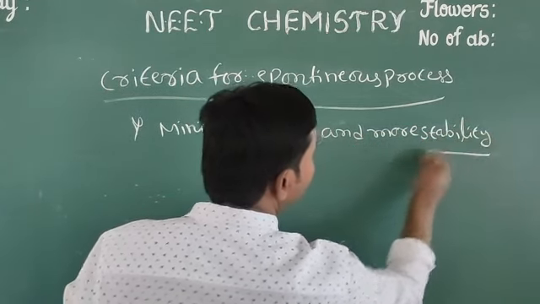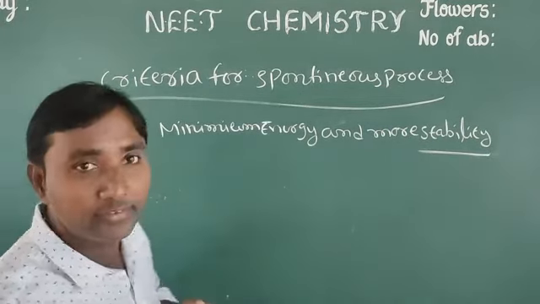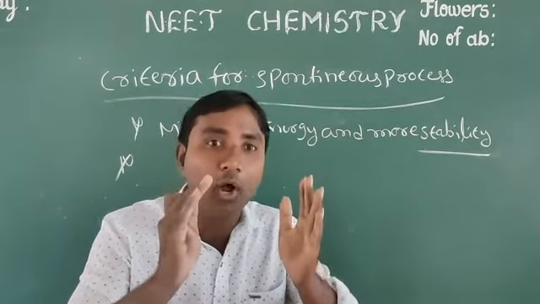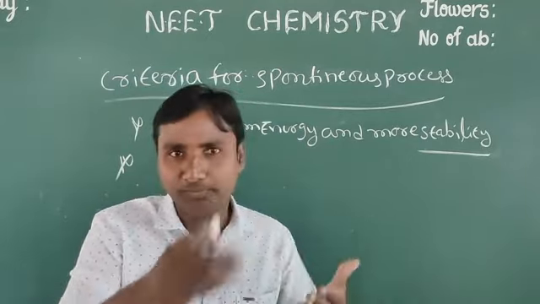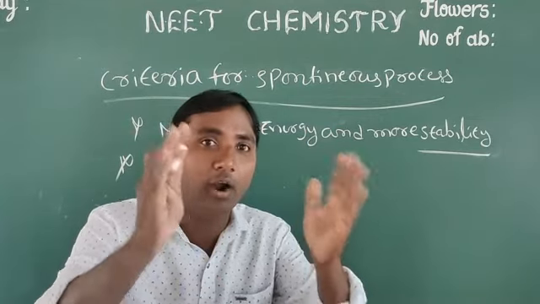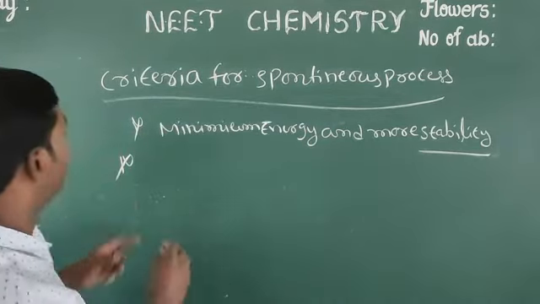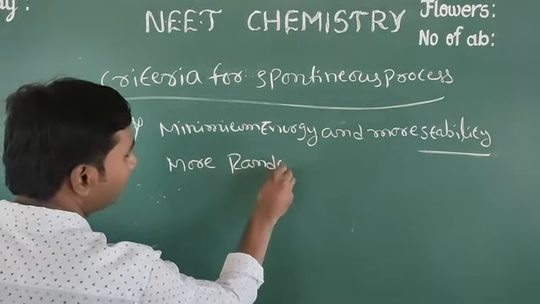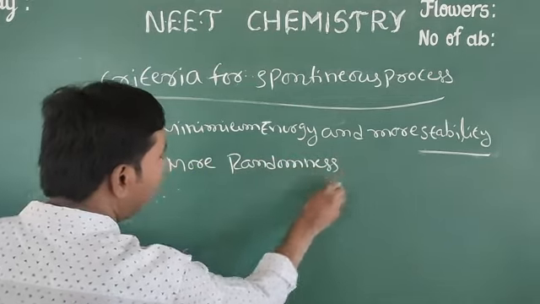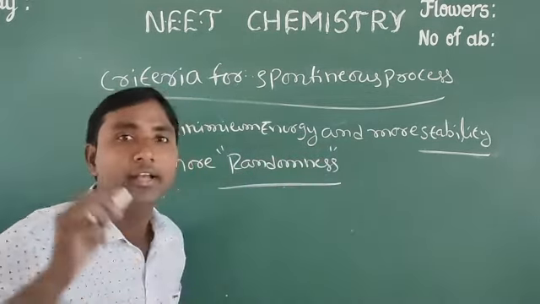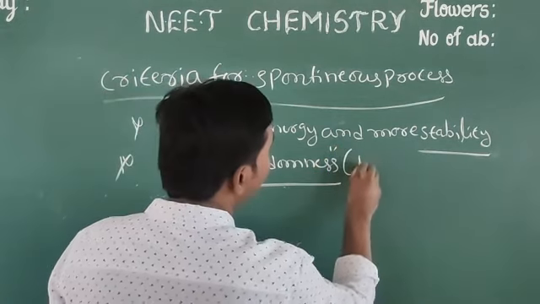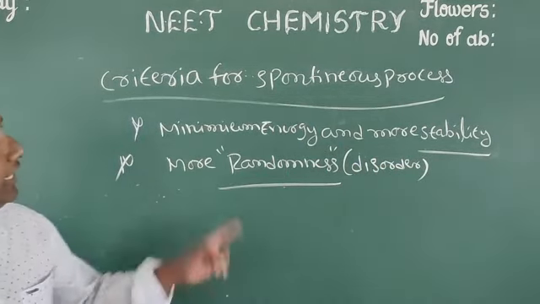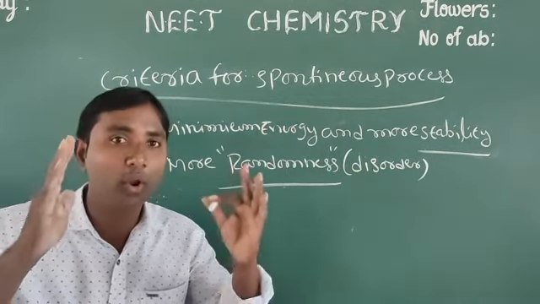Second one, more randomness. Randomness means not properly ordered, not regularly ordered. Randomness means disorder. This is the criteria for spontaneous process.